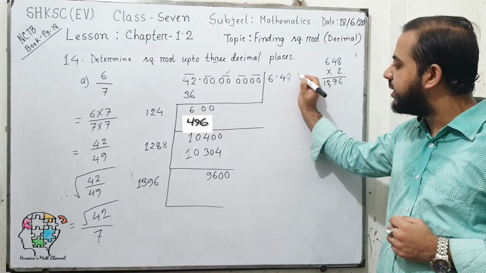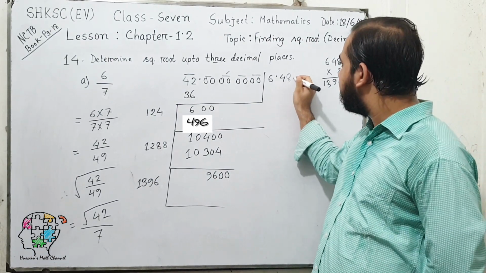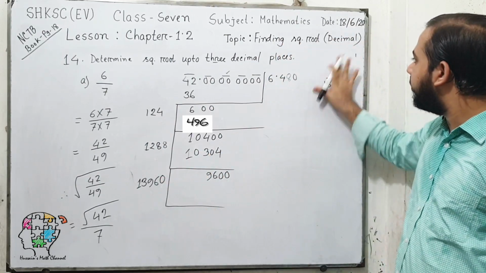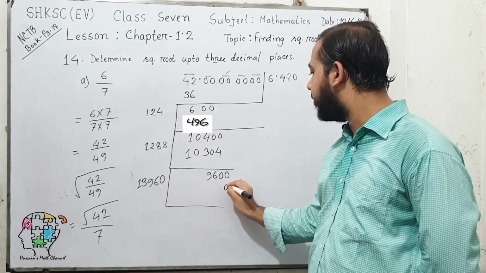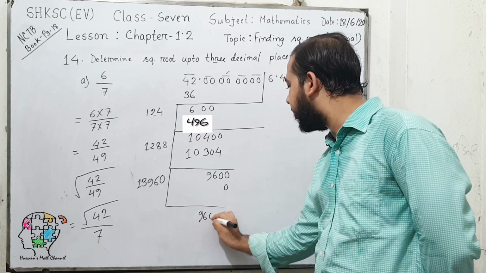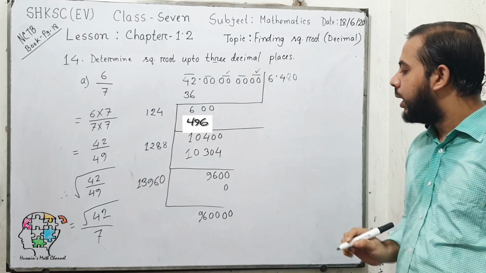Now there is no digit here we can use, so we have to use 0 here and also 0 here. Now 0 times 13,960 will be 0, so the remainder will be as it is, 9600. Now we put another pair of 0, the last one.